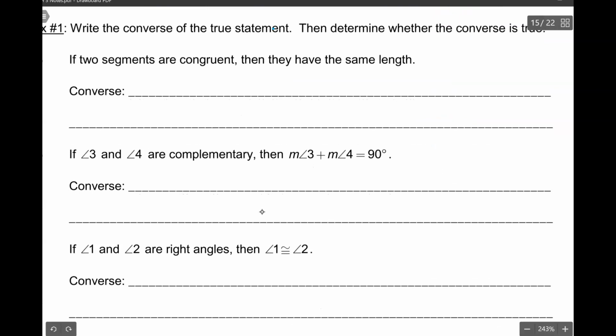Write the converse of the true statement. If two segments are congruent, then they have the same length. And determine if the converse is true. All right, so we can say, if two segments have the same length, then they are congruent.